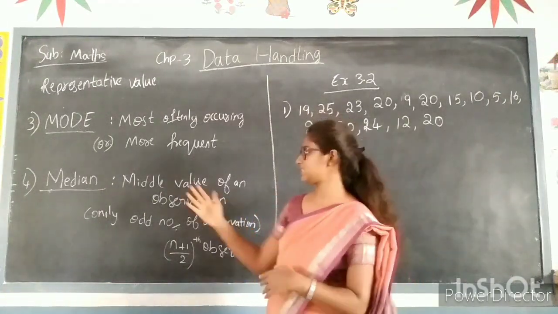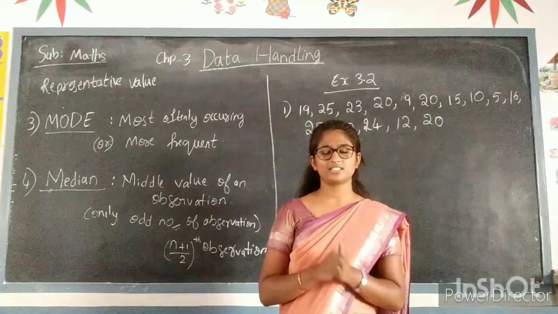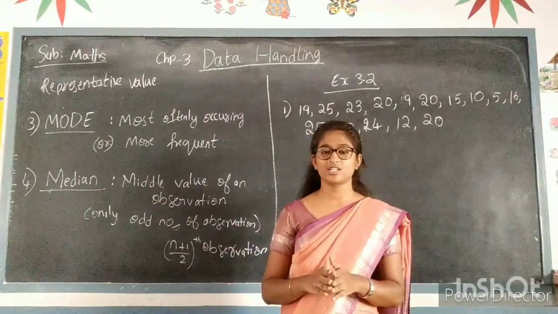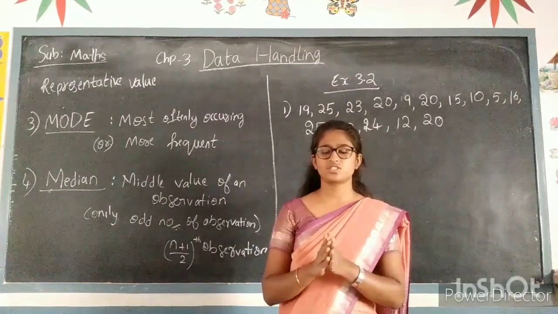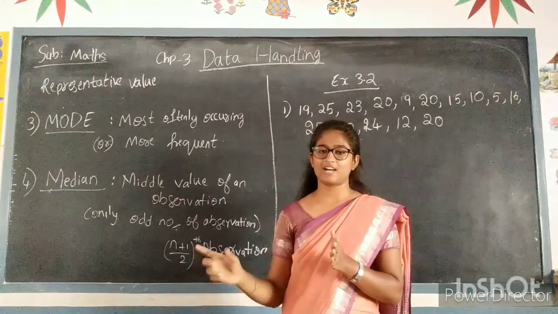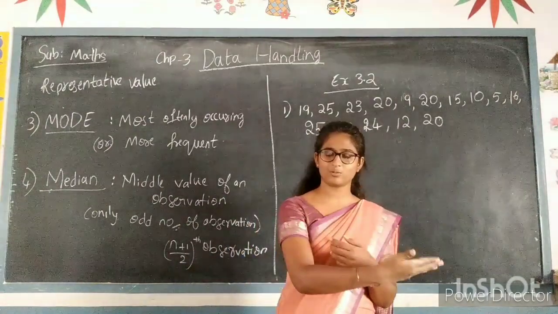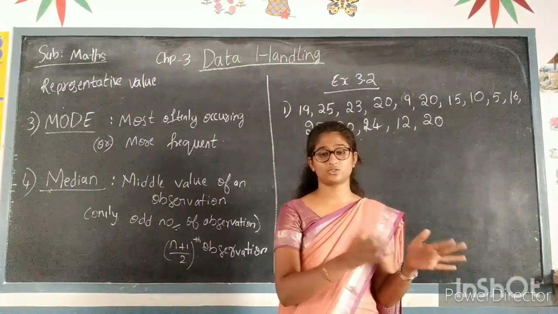The next one is median. When the data is given, if you have to divide it into equal halves, then you have to choose the middle value such that below that value there is one set of values, and above that there is another set of values.